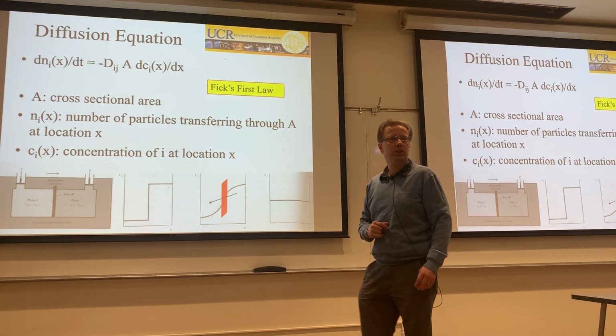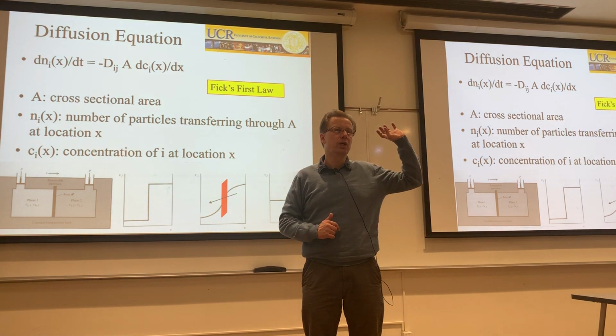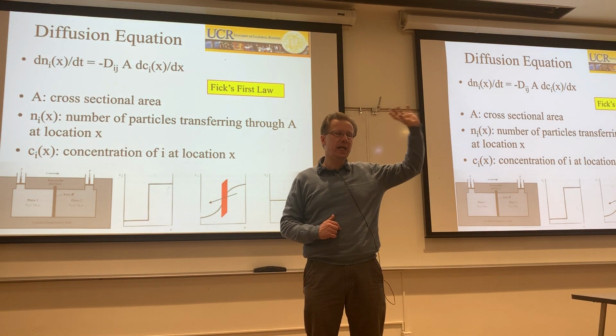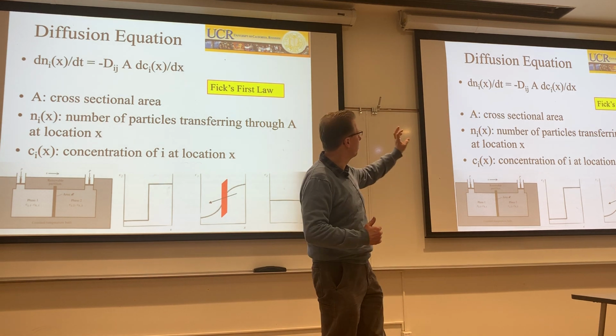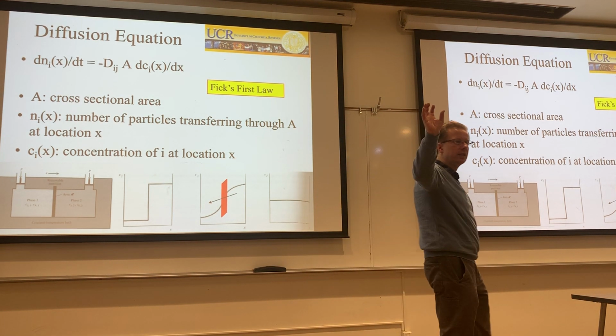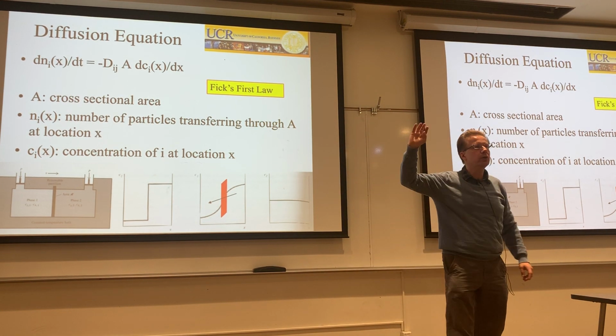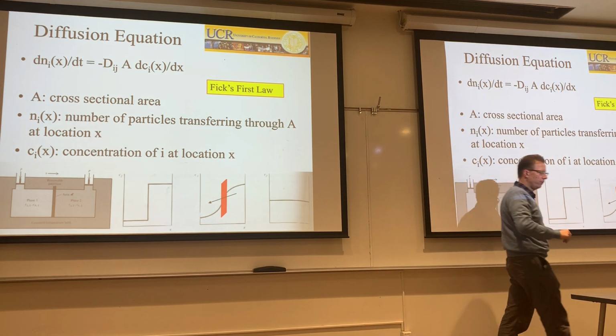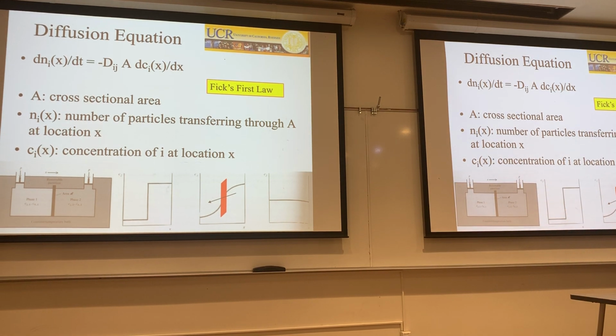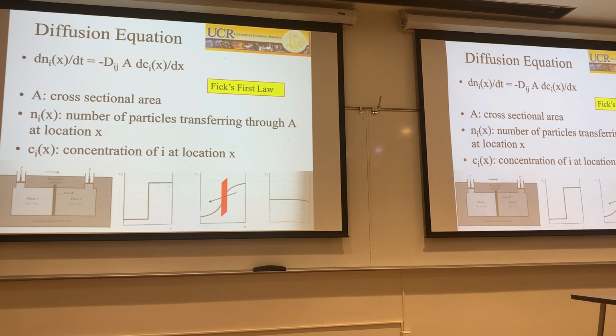Every differential equation where you have the first derivative of an extensive property of the system by time, and you relate it in a linear fashion to the first derivative of an intensive property of the system by the place, is called the diffusion equation.